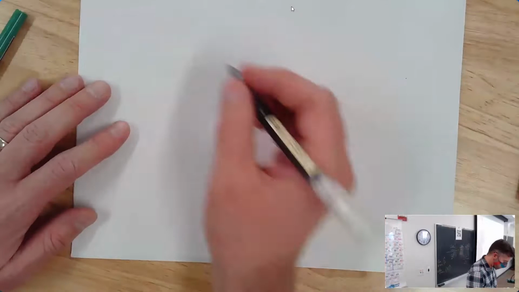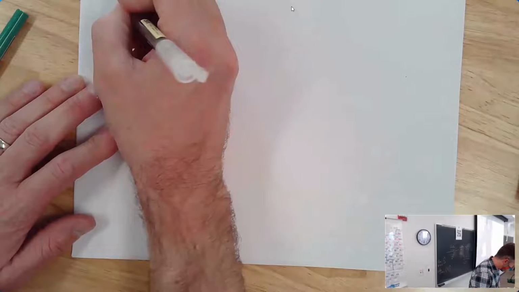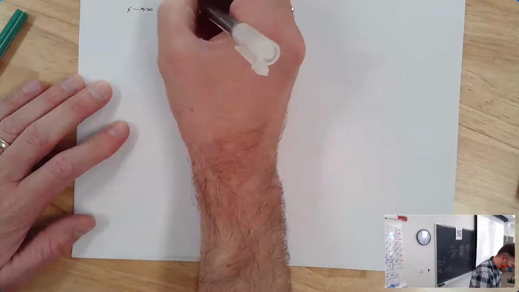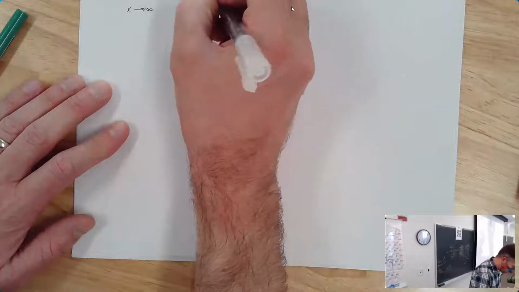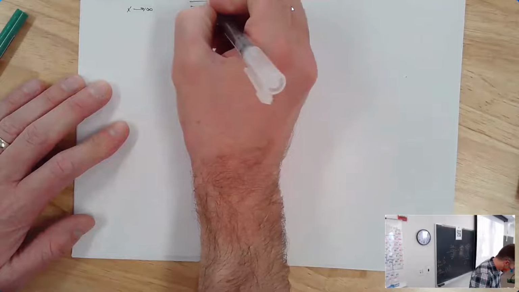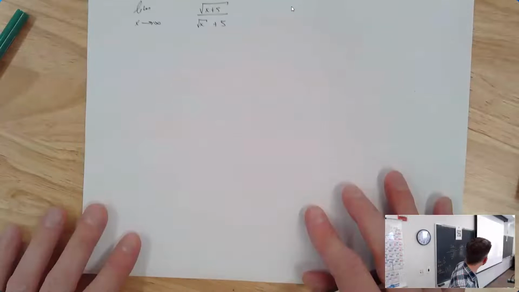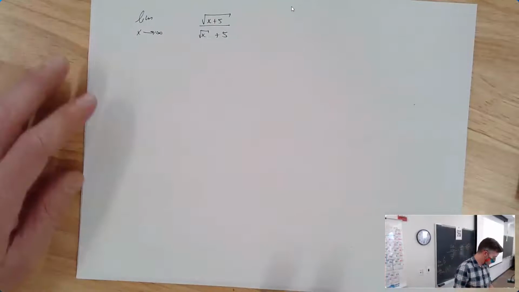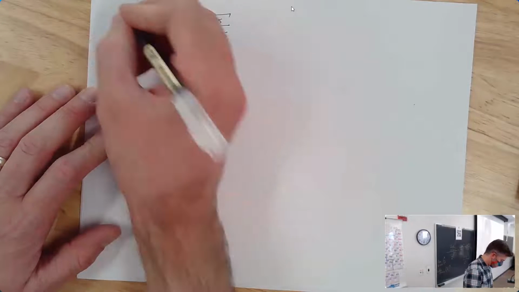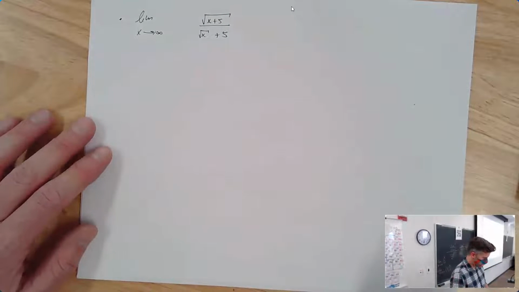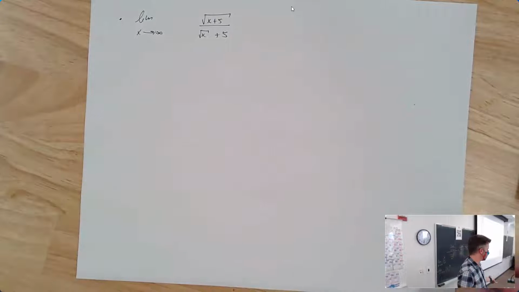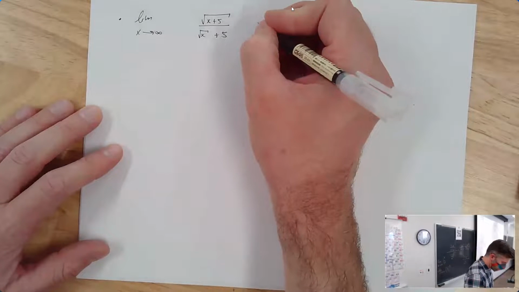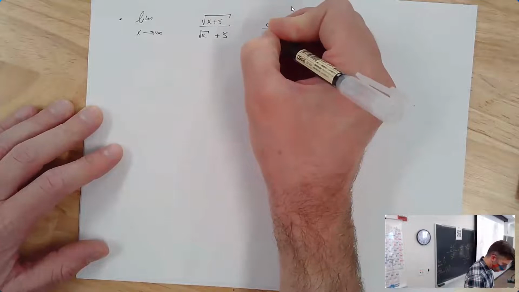How about the limit as x goes to infinity of the square root of x plus 5 over the square root of x. So it's definitely infinity over infinity, so we can certainly use L'Hopital's rule.